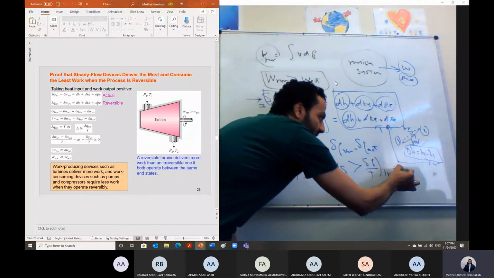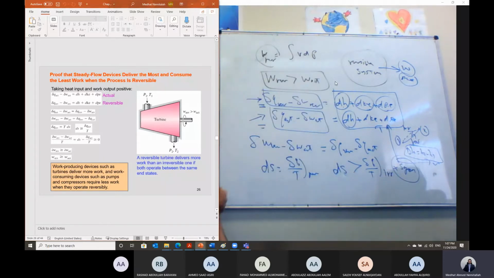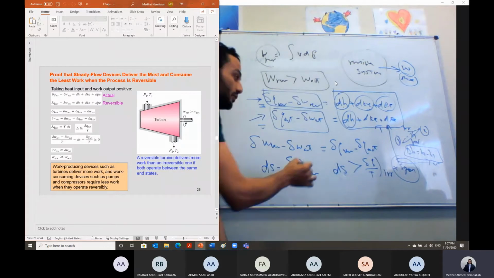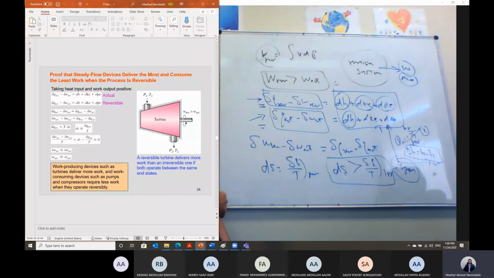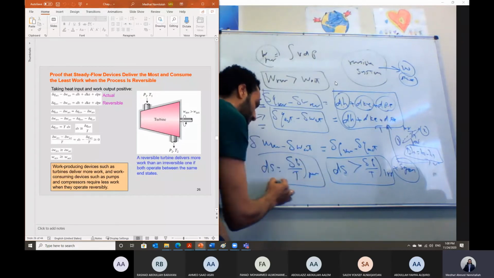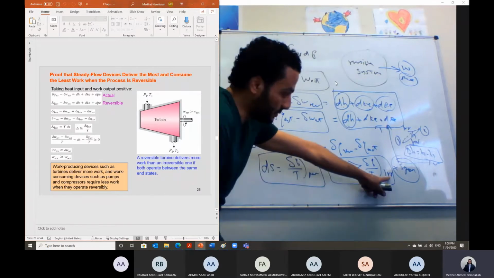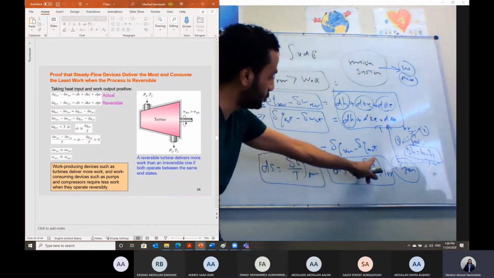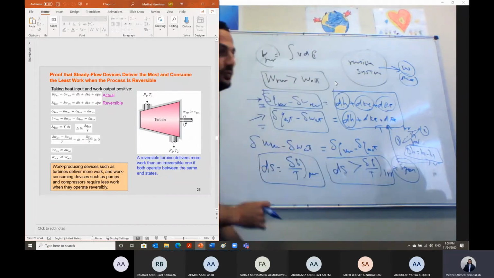Because due to irreversibilities, we should have some entropy generated. Like what we proved based on the Clausius inequality and the definition of entropy in the first class of this chapter, delta S by definition is equal to delta Q over T for the reversible process, and for the actual or irreversible process, delta S should be greater than delta Q over T, because we have some irreversibilities in terms of entropy generation.